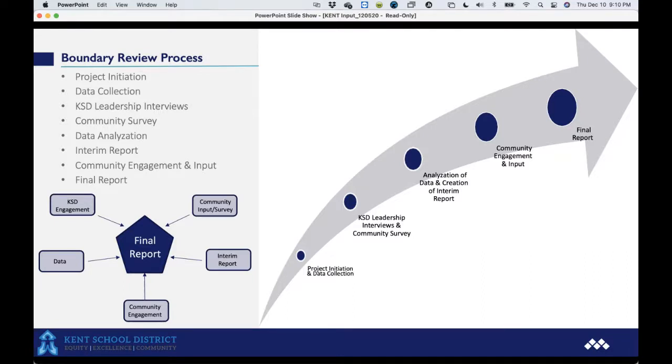Where we are right now in the process is community engagement and input. And I want to make sure that I take a second to say the interim report is just that. It's an interim report.